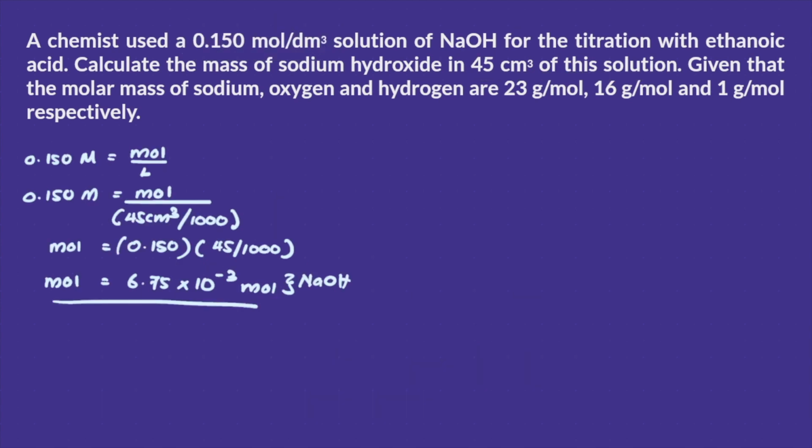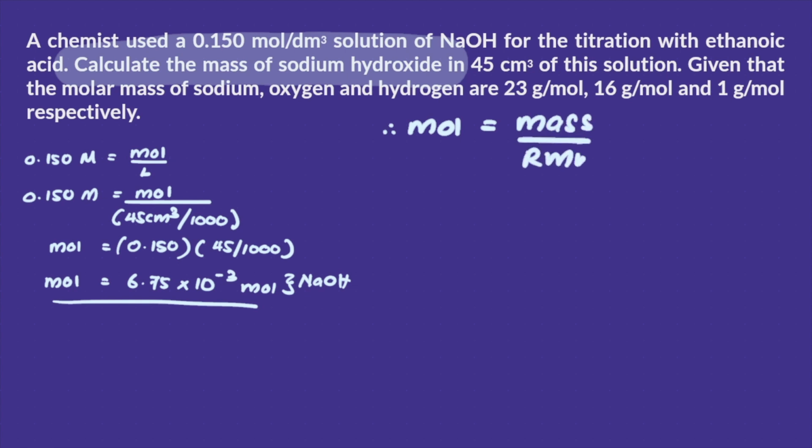Alright, moving on. But the question asks you to calculate the mass of sodium hydroxide. So since you already know what is the number of mole of sodium hydroxide, therefore you can say that number of mole is equivalent to mass over RMM. You already know the number of mole is 6.75 times 10 to the power of negative 3 mole.